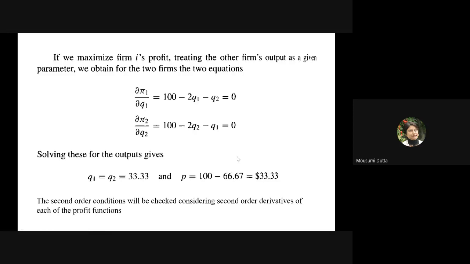Ma'am, so we will not go for the Hessian matrix; we'll directly use pi 1,1 and pi 2,2, right? The first principal minor of the Hessian, that is also the Hessian. Ma'am, but then we are considering the profit functions jointly, using the profit function of the first firm.